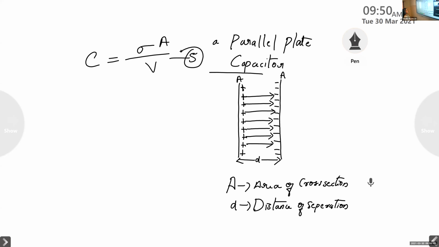Here the capacitance C is equal to sigma A divided by V, where sigma is the surface charge density, A is the area of cross section, and V is the potential.